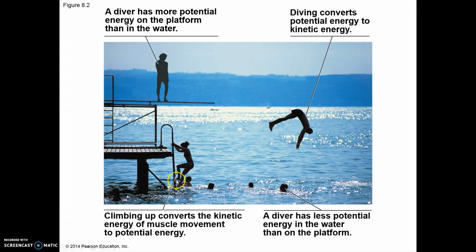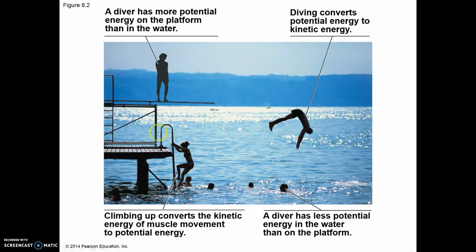We then swim back over and we climb up the ladder. Now, climbing up the ladder requires kinetic energy. Where does that kinetic energy come from? Well, we utilize food that we've eaten, we break it down through catabolic pathways, we turn it into chemical energy, and then we slowly release that chemical energy to make our muscles work, and that converts that chemical energy into kinetic energy.